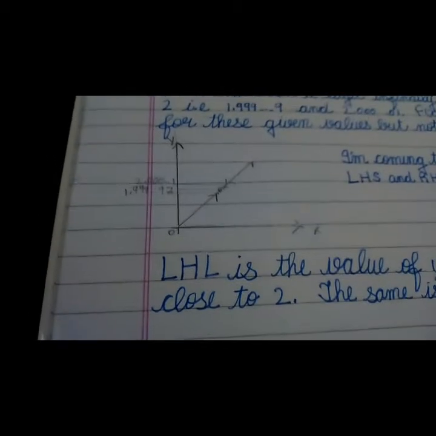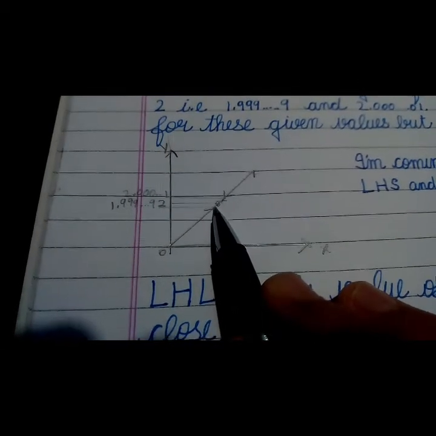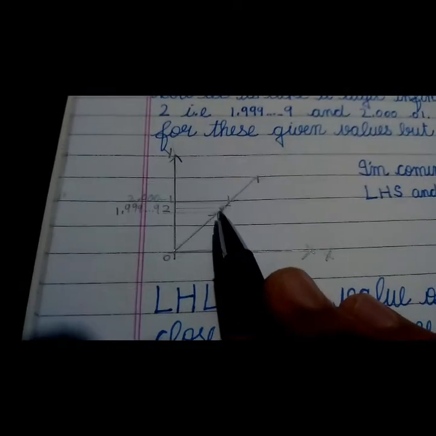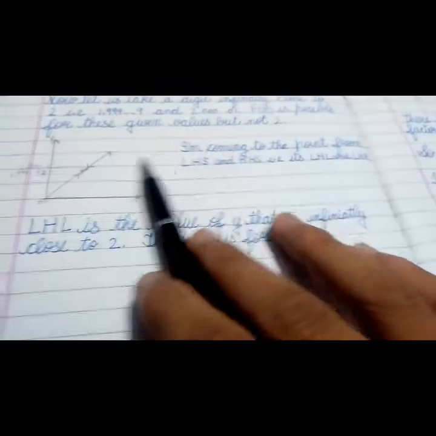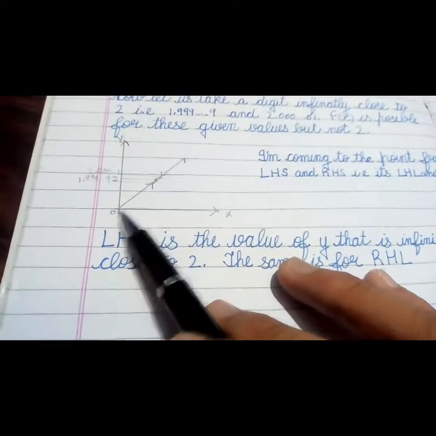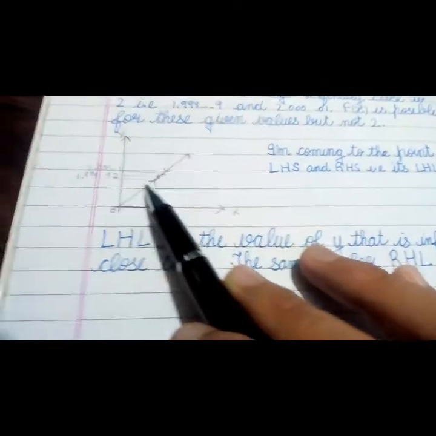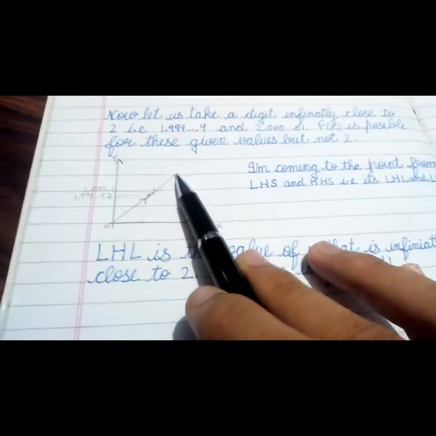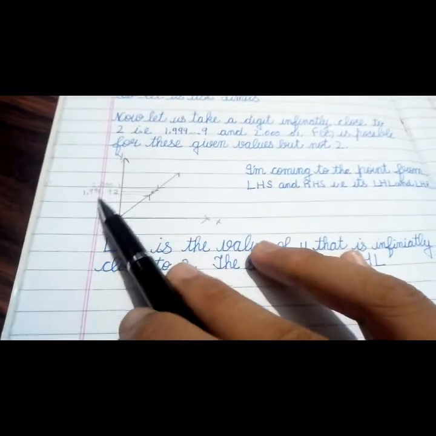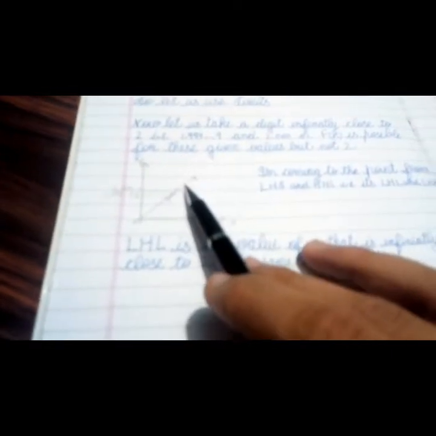Why not? Now I have a graph over here. This point over here is 2, and right below it we have 1.9999, and above it we have 2.00001. It's really close. I'm coming to 2 from my left hand side, that's 1.9, and I'm also coming from the right hand side, that's from 2.001.